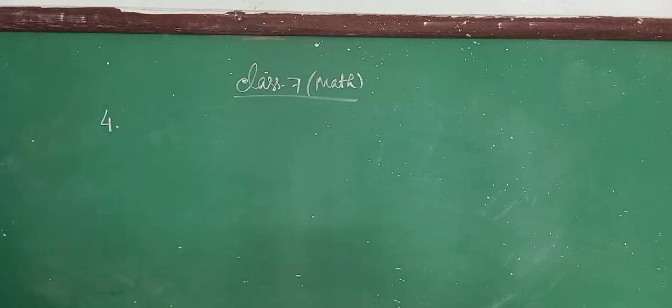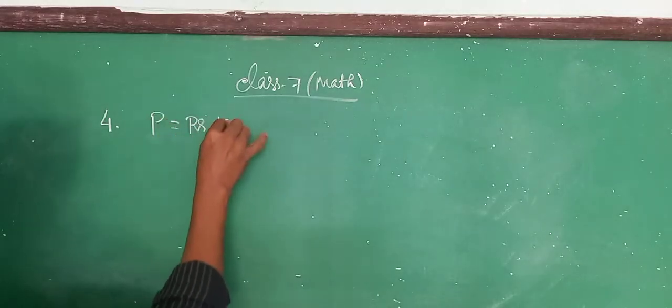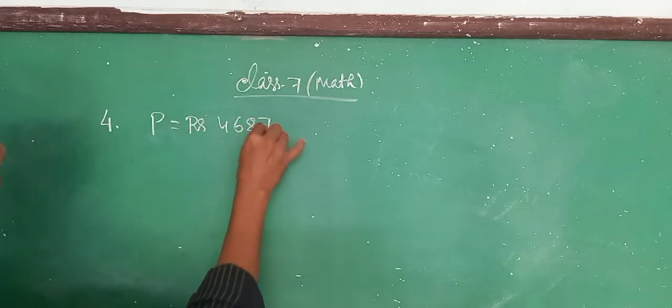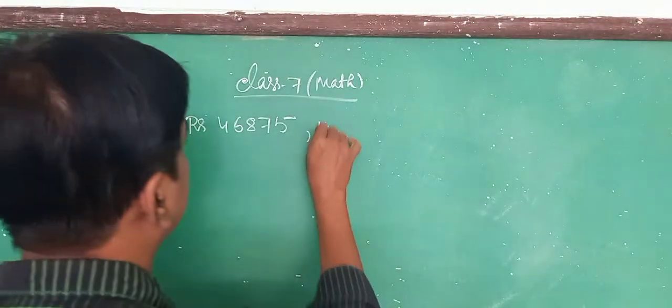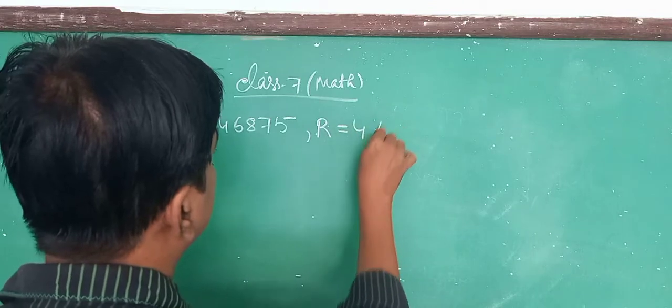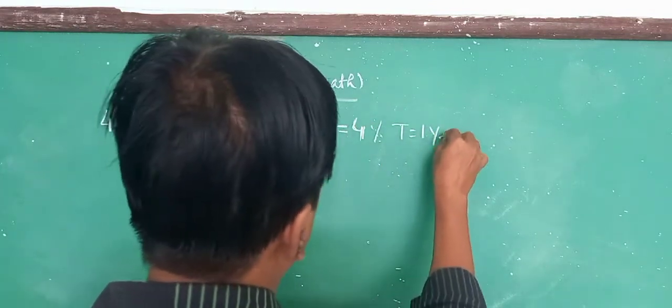First question: the interest for the first year. So the principal is rupees 46875, rate of percent is 4%, time is 1 year.